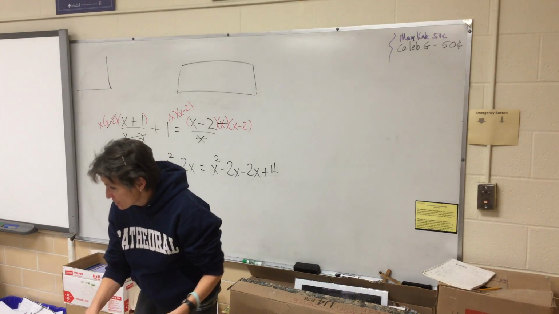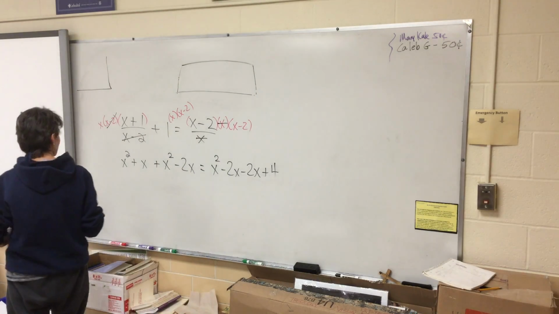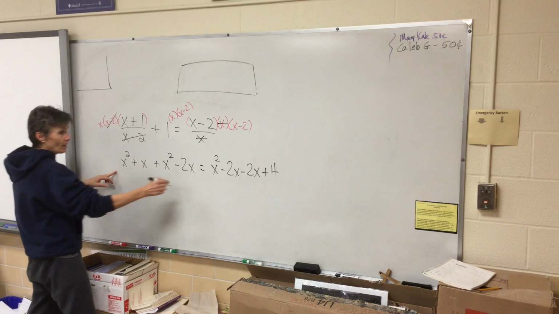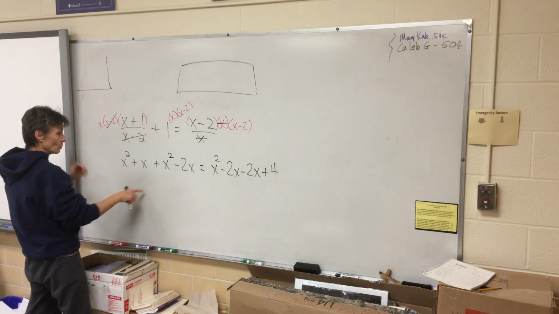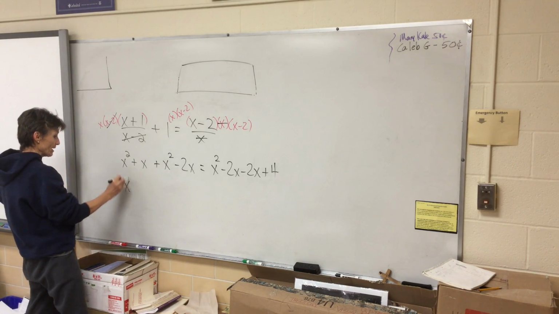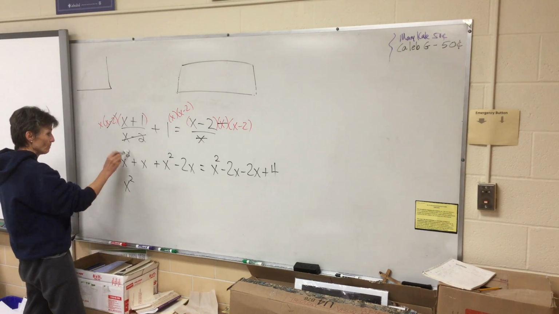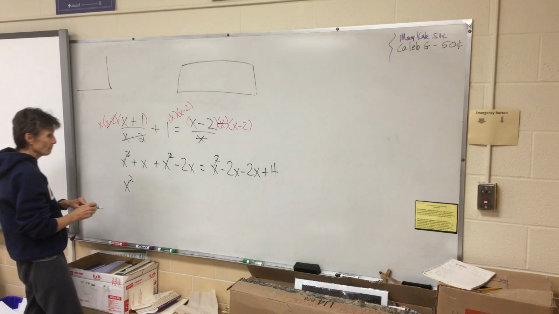All right, so now let's just collect some like terms and see what we've got going on. Let's see. I'm going to go ahead and subtract this x squared over. So I think I only have one left because I have 2 of them here, but I'm going to subtract this one over. All right, so that's all done.